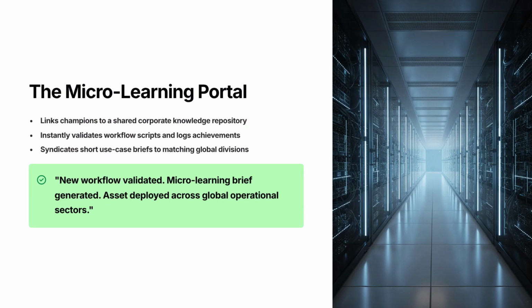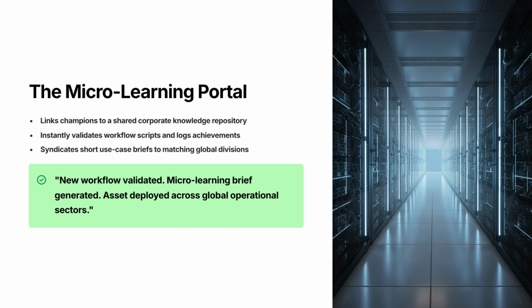A real-time peer-to-peer knowledge syndication network is an automated software utility that links localized champions to a shared corporate repository, allowing them to instantly upload successful workflow templates, record short instructional clips, and track adoption milestones within their respective units.